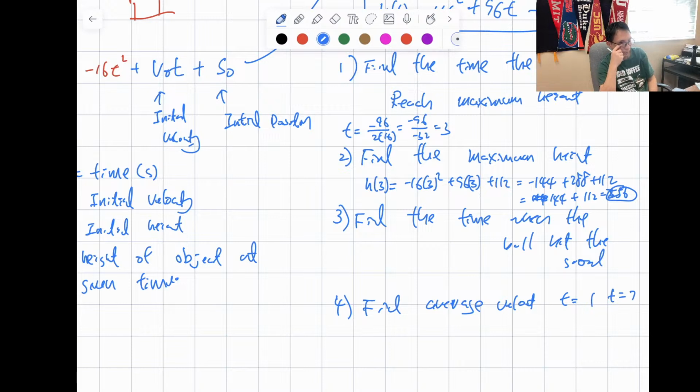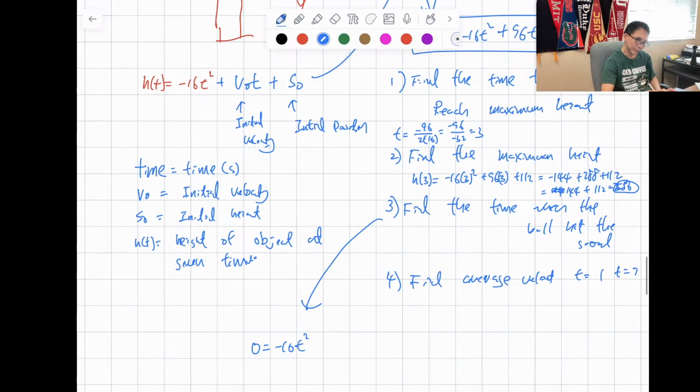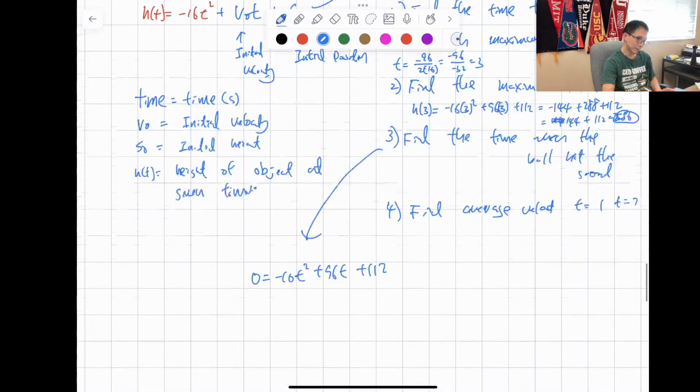Okay, how do I find when the ball hits the ground? Plug in 0 for what? Not t. H of t. Good. H of t is equal to 0. Now guess what?